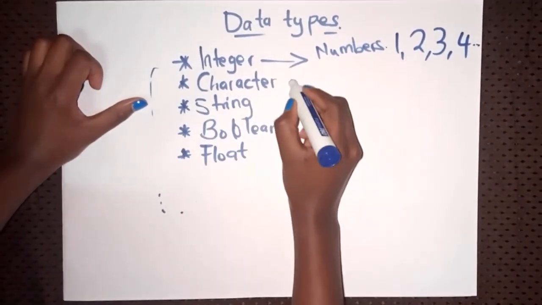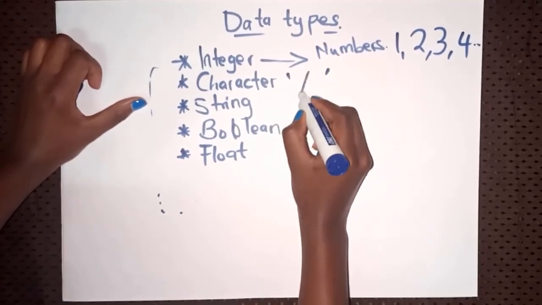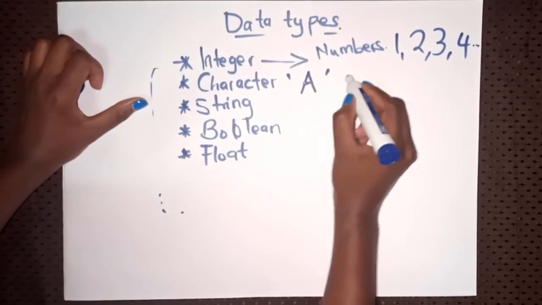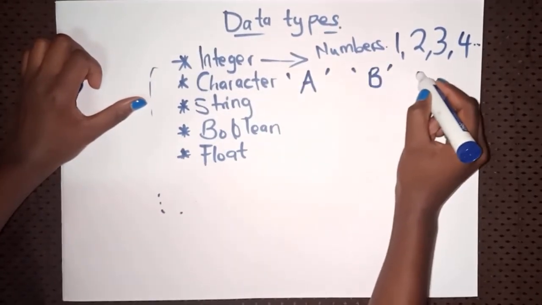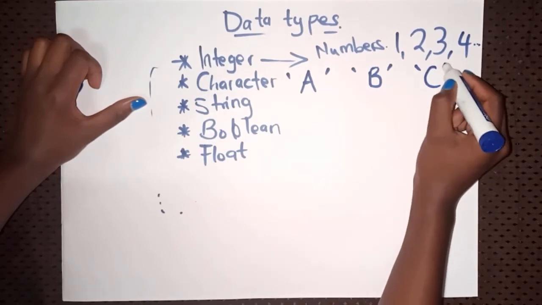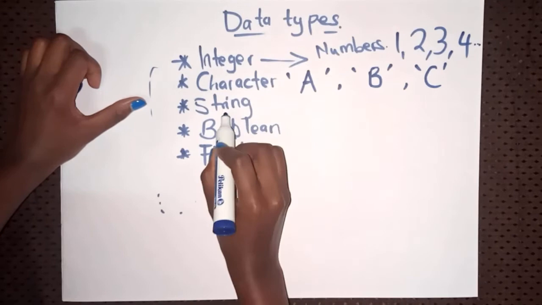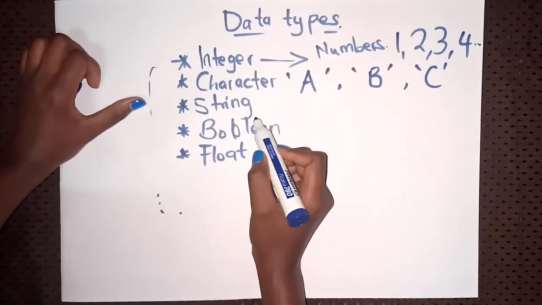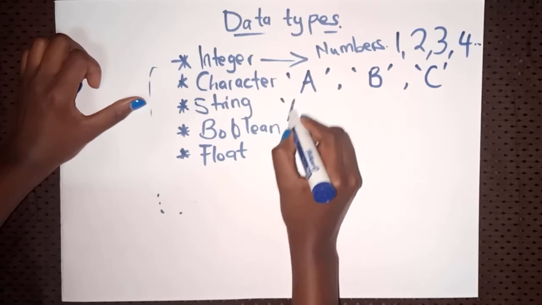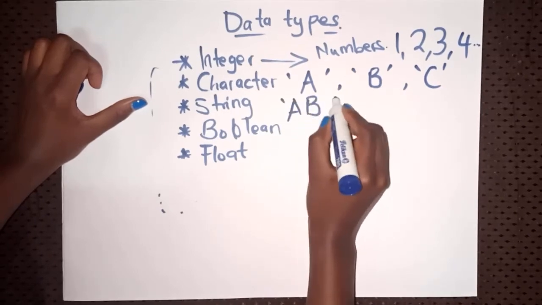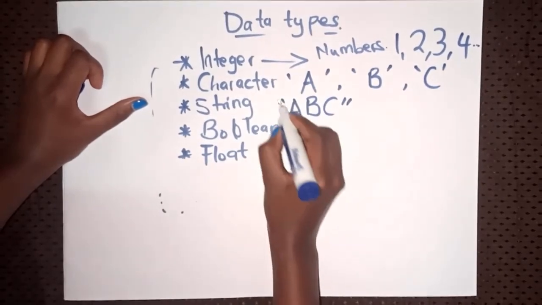Then a character, mostly we represent them this way. In other programming languages, it can be A, B. A character is one, not a bunch. Now, when we string characters together, we get a string. So A, B, C becomes a string, and you can represent them this way.